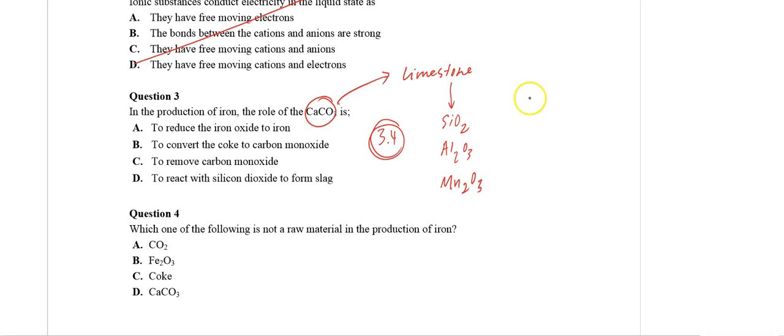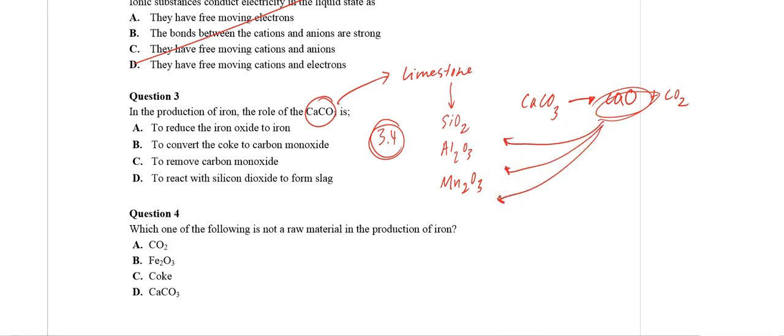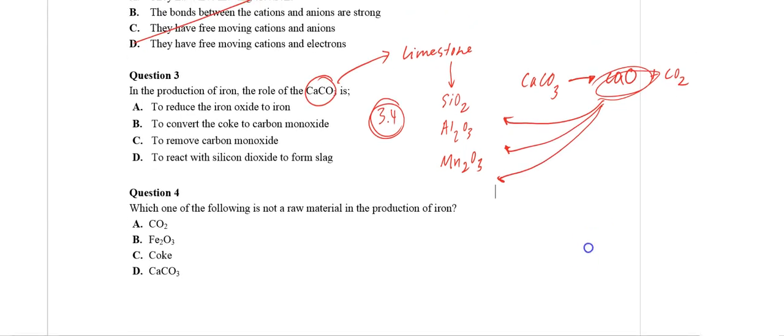So calcium carbonate, under high temperatures, decomposes, so it breaks down into calcium oxide and carbon dioxide. Now, calcium oxide is very reactive towards each of these things here. And because it can react with each of those three things, it removes them. Like it can remove those impurities. And it forms what we call slag.